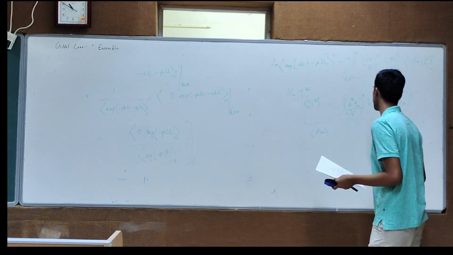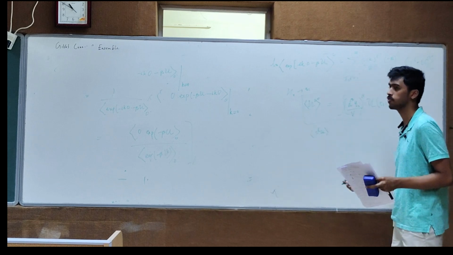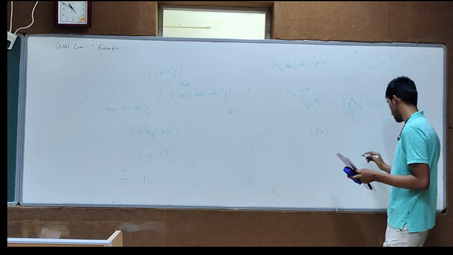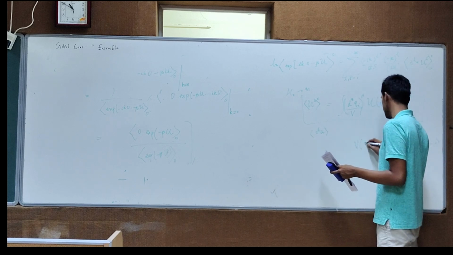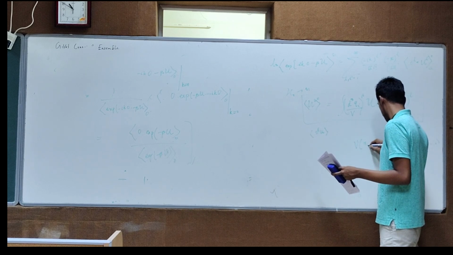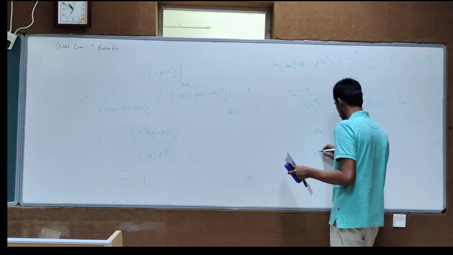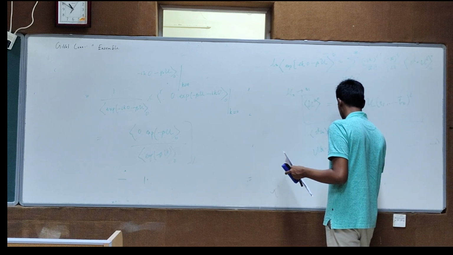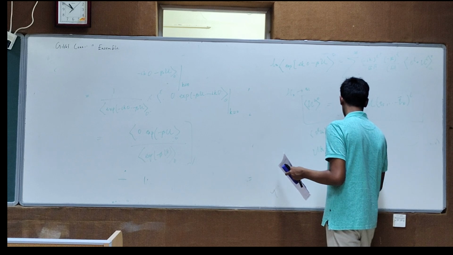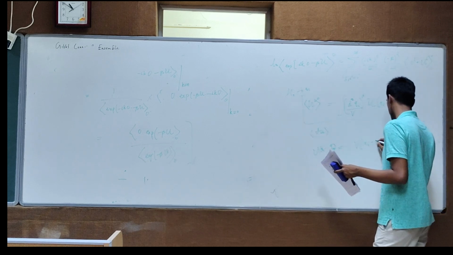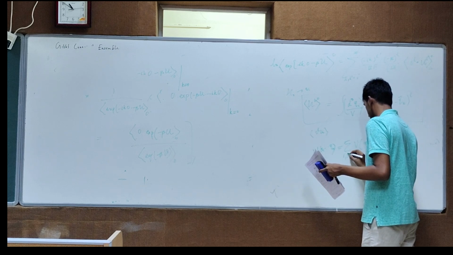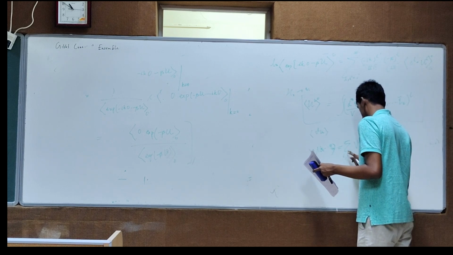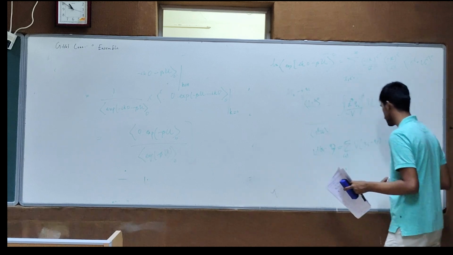Okay, and also I would like to mention that if you have a dilute gas where your interactions just depend on neighbors, so U of Q1 to Qn is just the sum over Qi minus Qj, sum over i, j, such that, or you can say i less than j.